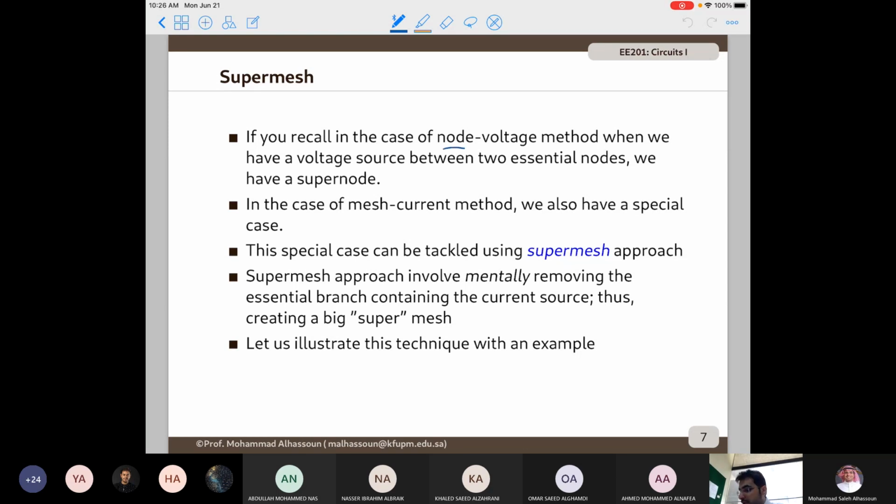If you recall, when we talked about the node voltage method, we had a similar situation. But remember, the node voltage method relies on solving KCL, and the mesh current method relies on solving KVL. With the node voltage method, we had the situation where we have two essential nodes, and between them we had a voltage source.